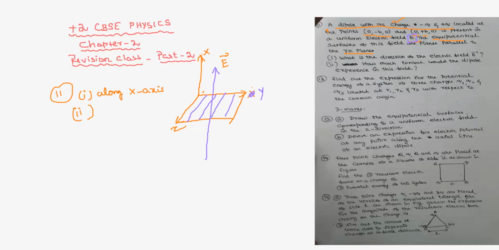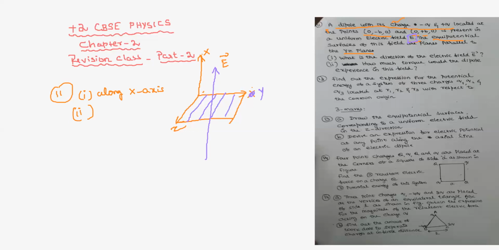So where is the dipole? The dipole, minus q and plus q, is present at this location. 0 minus b 0 is the position of minus q. So I'm just extending this. See, this is the y-axis. 0 minus b 0 is this x comma y comma z.